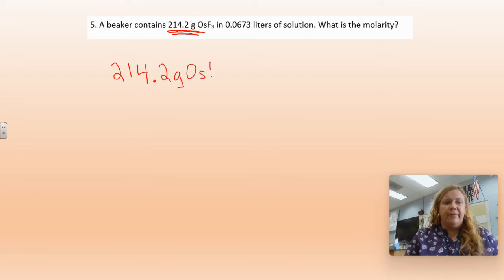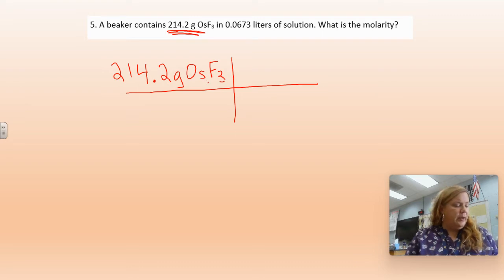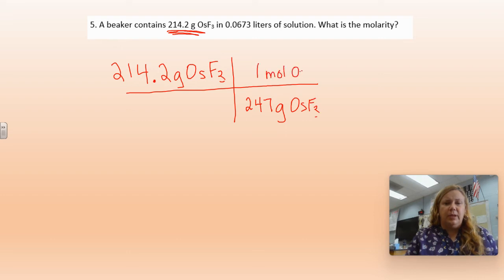So we're going to just convert here, just like we do our normal mole conversions. And so we find the molar mass of osmium fluoride. So we have 3 fluorines, 1 osmium. And I calculated it out to be 247 grams of osmium fluoride. And that's for every 1 mole of osmium fluoride.